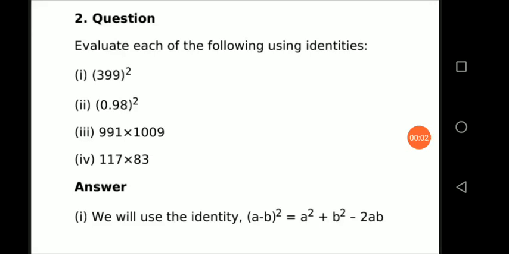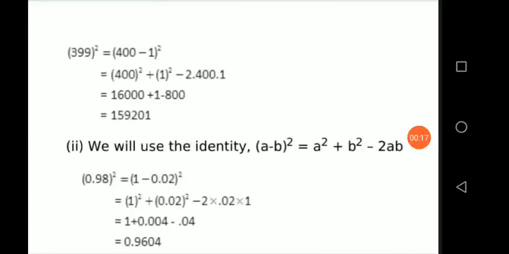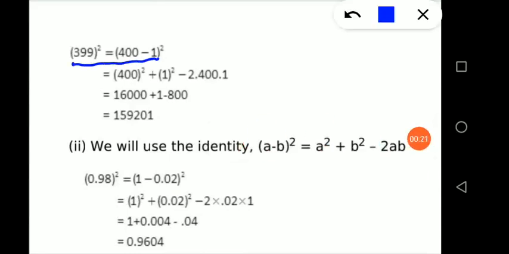Now, the second question is evaluate each of the following using identities. And the first part is 399 whole square. So, we know that 399, we can write it as 400 minus 1.